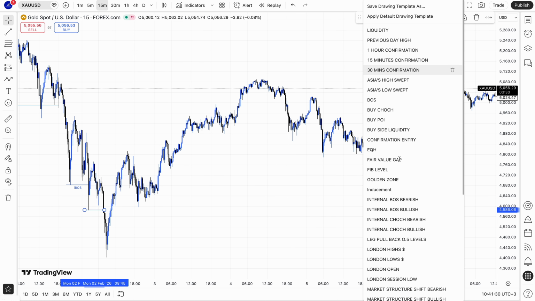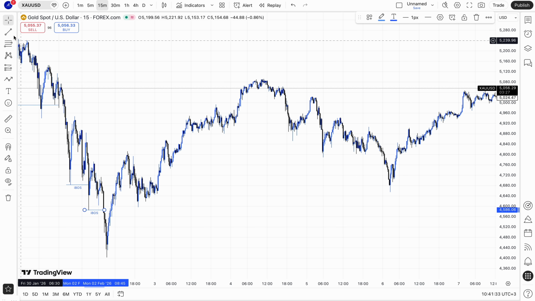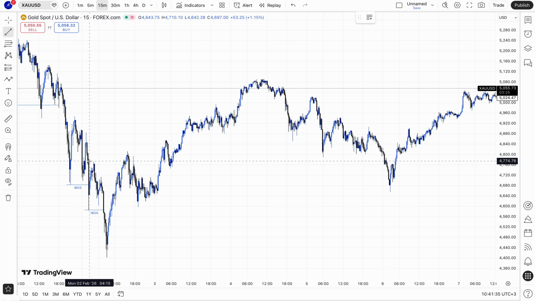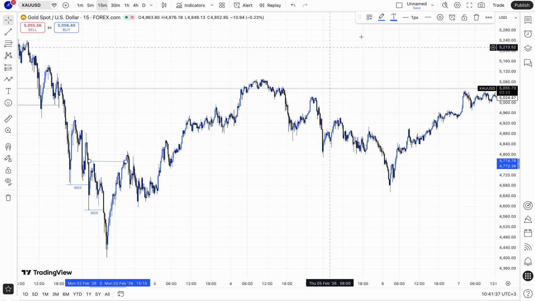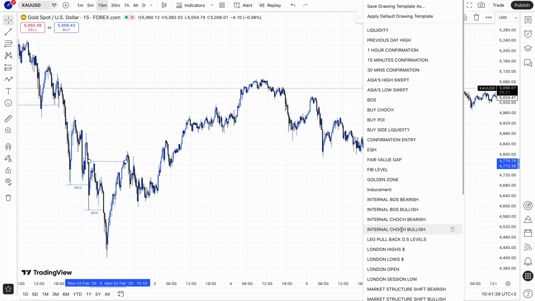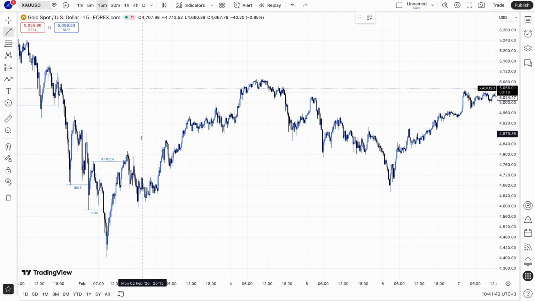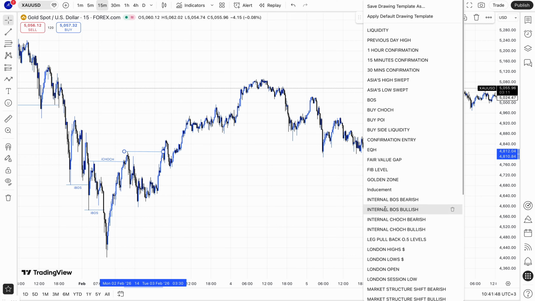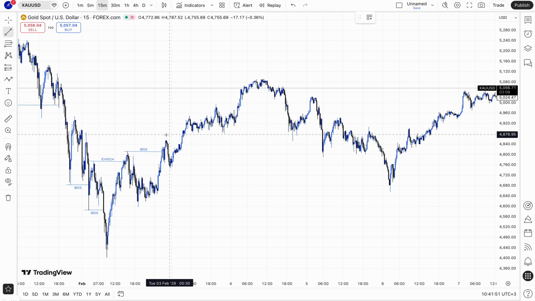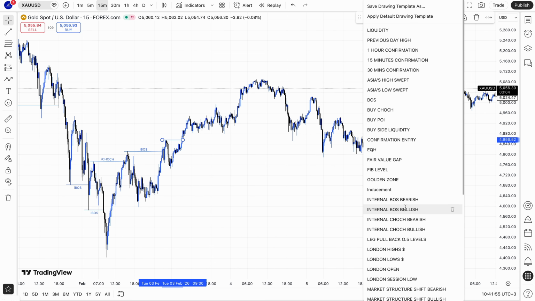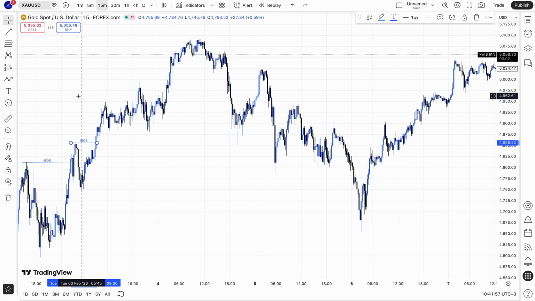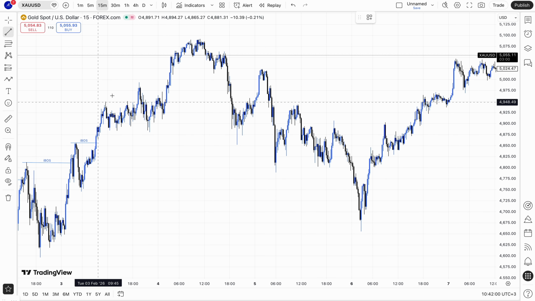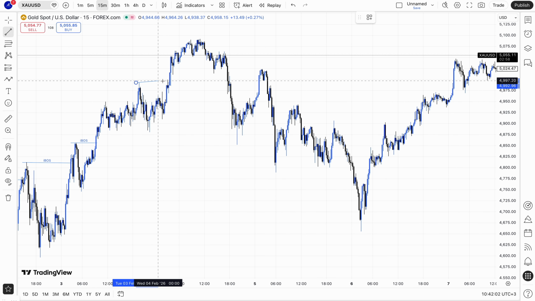Then you have a break of structure to the downside, then a change of character to the upside. Break of structure to the upside. Then the break of structure to the upside.